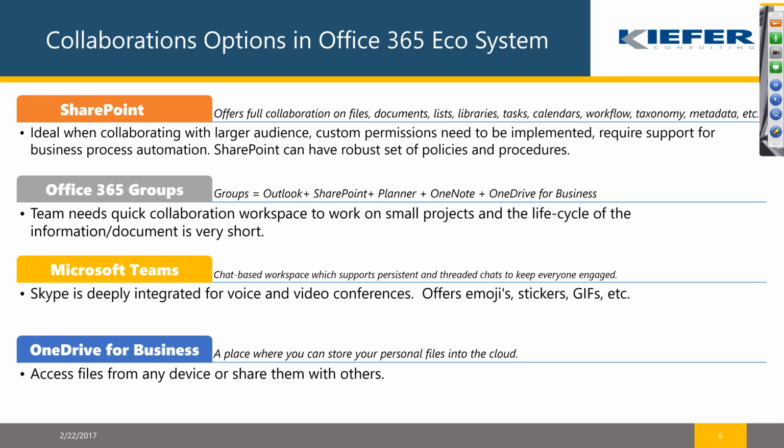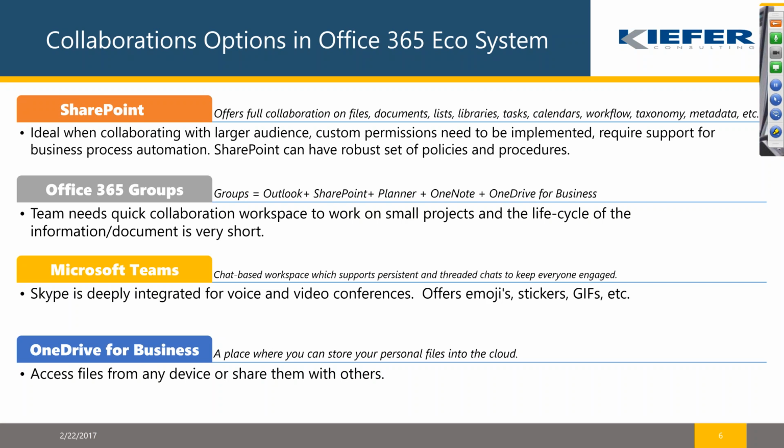First is SharePoint. SharePoint offers full collaboration on files, documents, lists, libraries, tasks, calendars, workflow, taxonomy, etc. It's ideal when collaborating with a larger audience, when custom permissions need to be implemented, when support for business process automation is required, and SharePoint can have a robust set of policies and procedures.